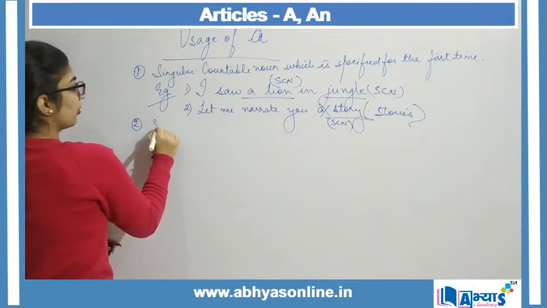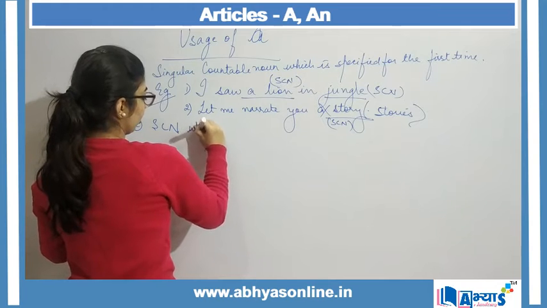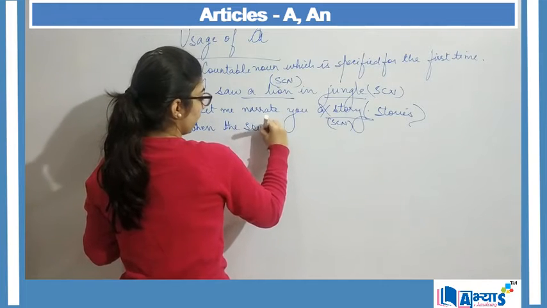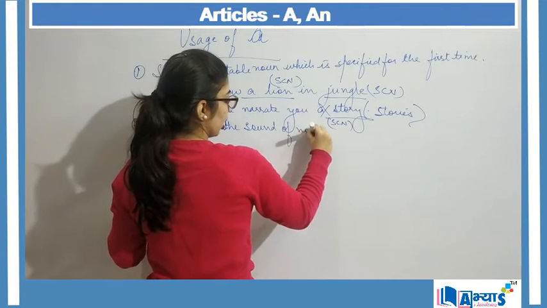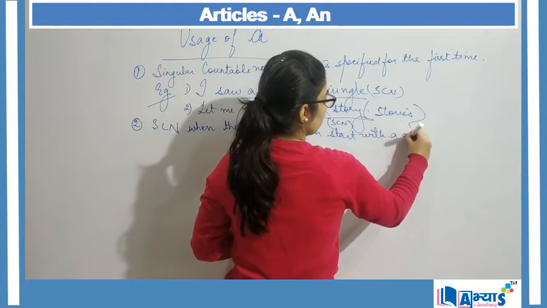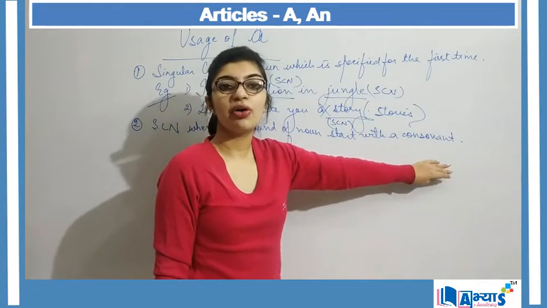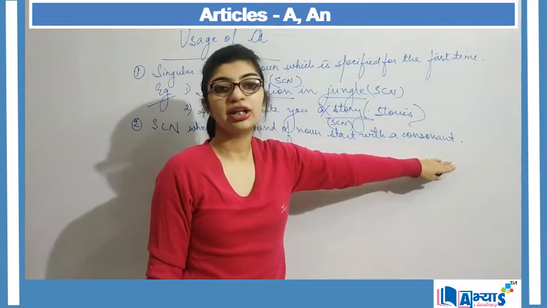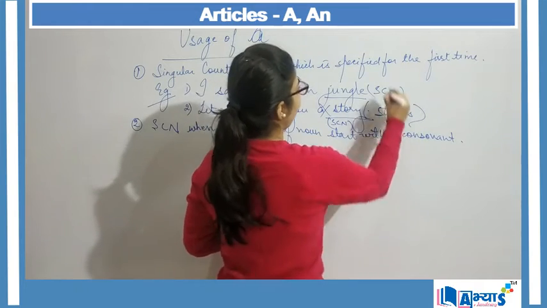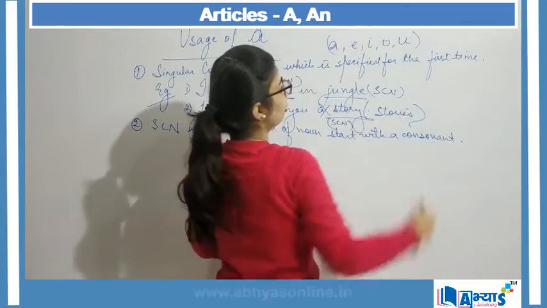Second is when singular countable noun, when the sound of noun starts with a consonant. Now consonants are all the letters which are used except A, E, I, O, U. We know that A, E, I, O, U are the vowels.